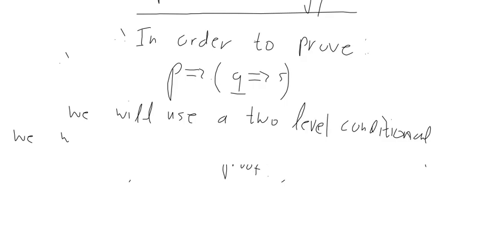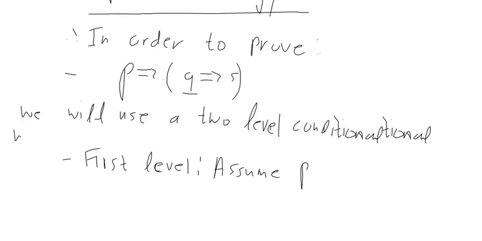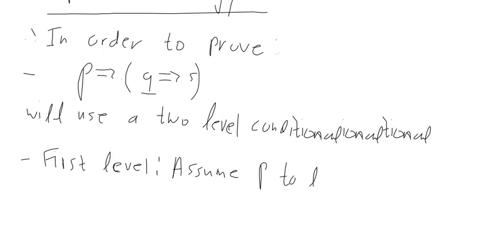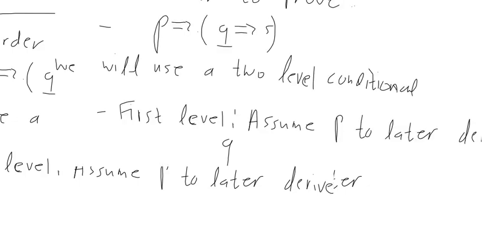The first level: assume P to later derive Q implies S. That's the first level.